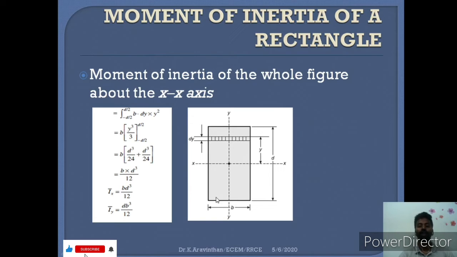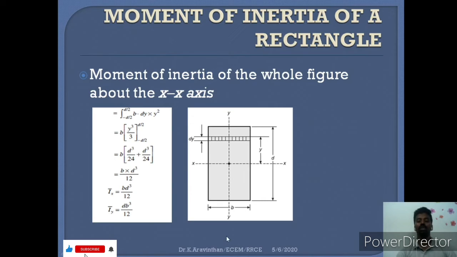If you consider a small elemental strip along the y axis, the distance will be considered as x here. With this x, you have to apply the same concept, area into distance, to find Iyy. If you proceed with this, you will get the answer d b cube divided by 12 for Iy, the moment of inertia about the y axis. So this is the final answer for the moment of inertia of both sections.